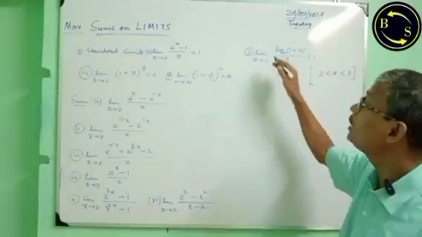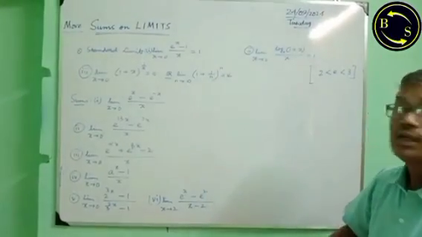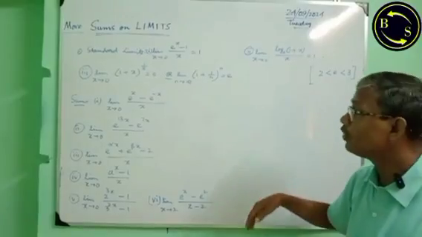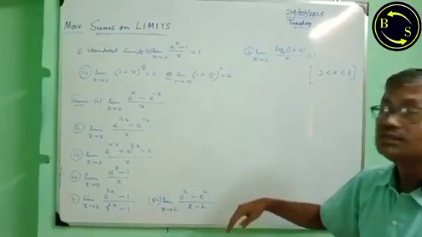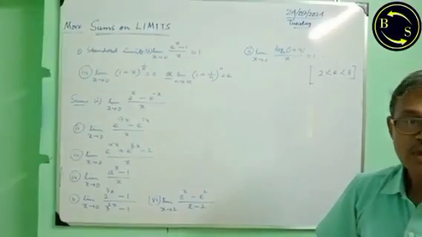These are the three more standard limits, and on these three forms I have taken first for this form a few sums. Now let me solve.